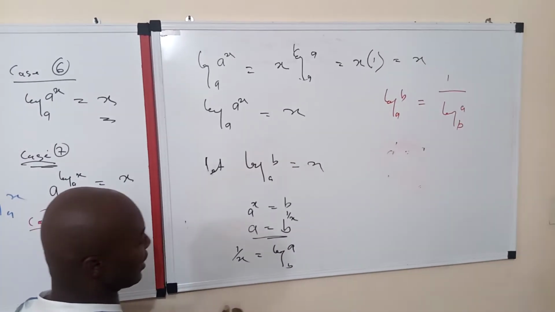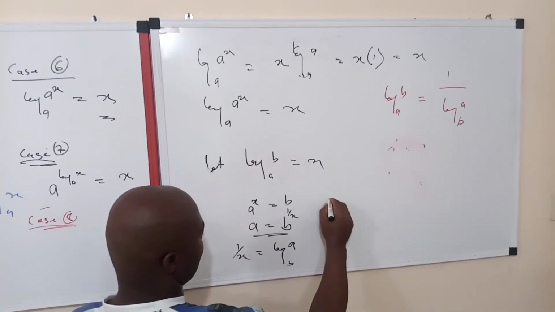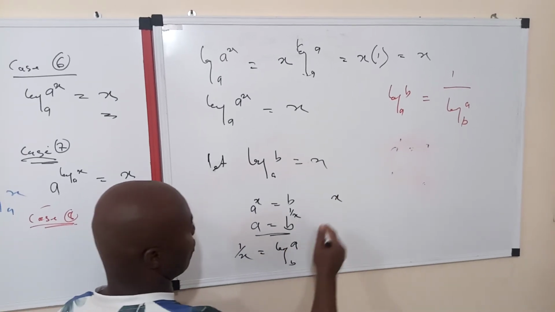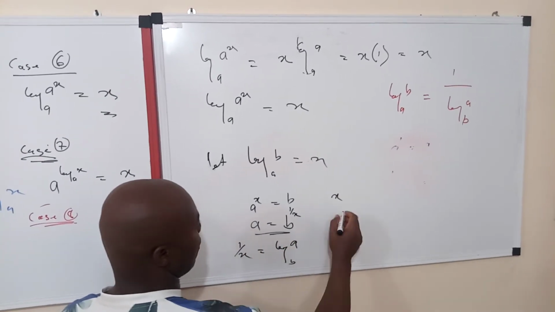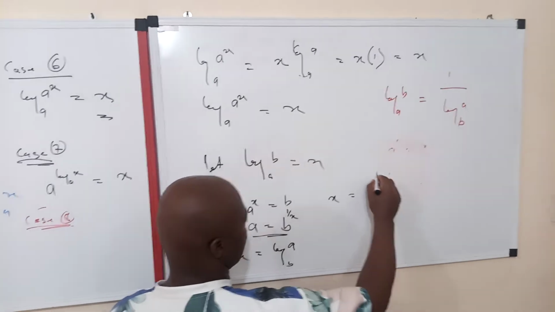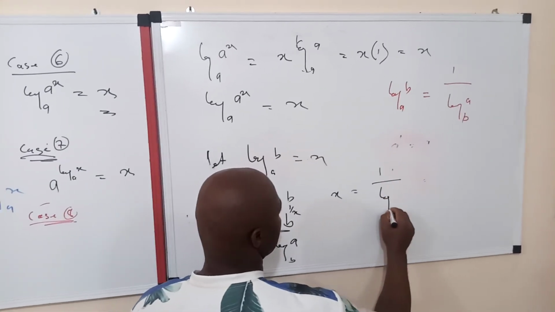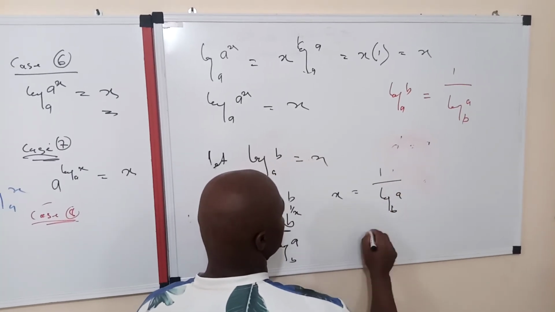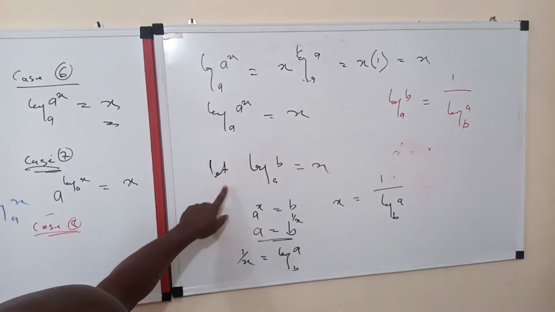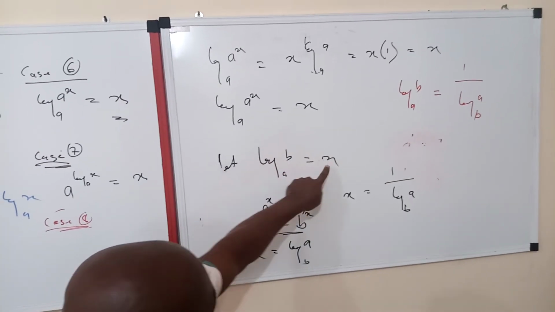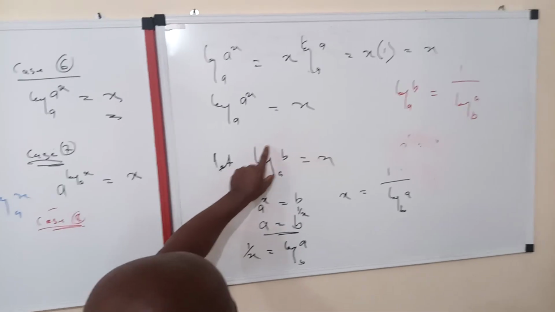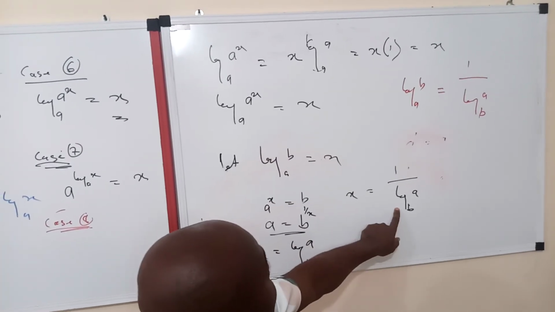Now making x the subject of the formula, inverting this one will come under, cross multiply. We are going to have x equal to 1 all over log in base b of a. We remember that we said let this entity be equal to x. So if this is this, then our x now becomes this.